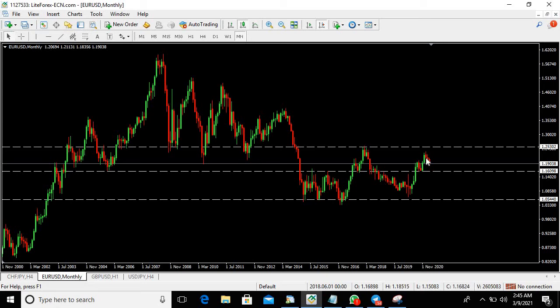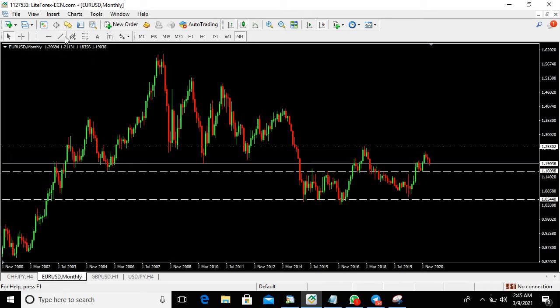You can see this is a key support level. Same like this, this is a dynamic support, and this key support level acts like support and resistance.